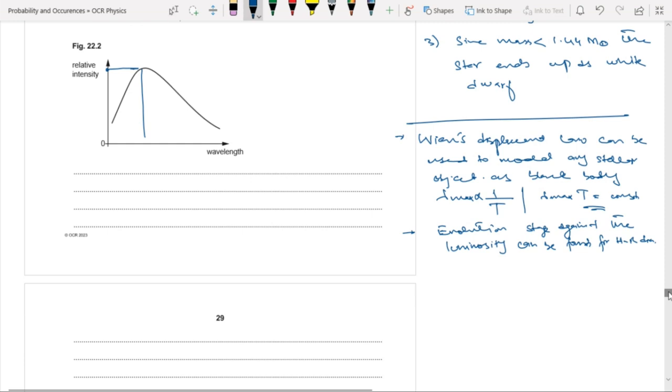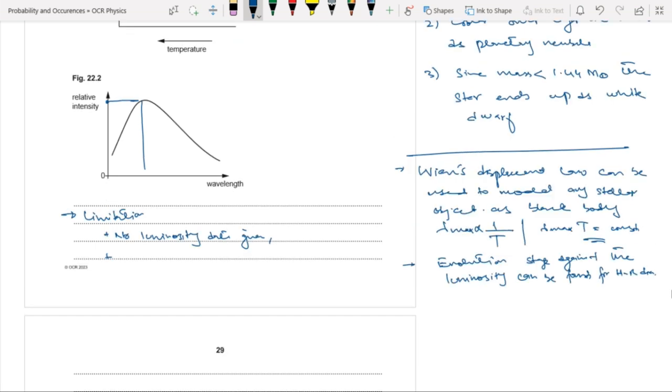All right, so there happen to be some limitations. One of the limitations, as I just mentioned, is that no luminosity data is given. So we would not be able to tell what is the intensity that this particular stellar object is emitting. So we would not be able to tell what is the actual evolution stage of this object. Secondly, we would not be able to distinguish among same temperature stars, for example, a white dwarf or a red supergiant or a main sequence star.